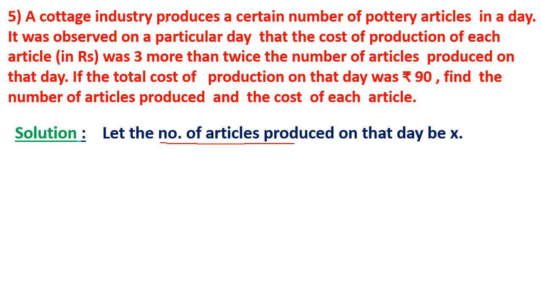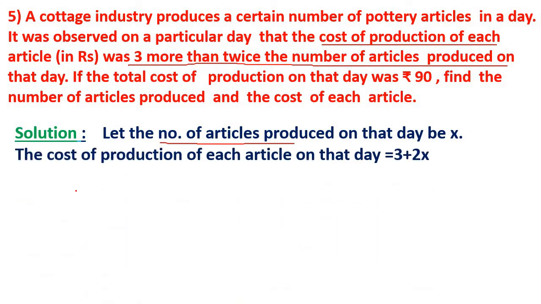In the second statement, the cost of production of each article is 3 more than twice the number of articles produced. So we can write it as 3 plus, because more than means plus, twice the number of articles. The number of articles is x, so twice the number of articles is 2x.